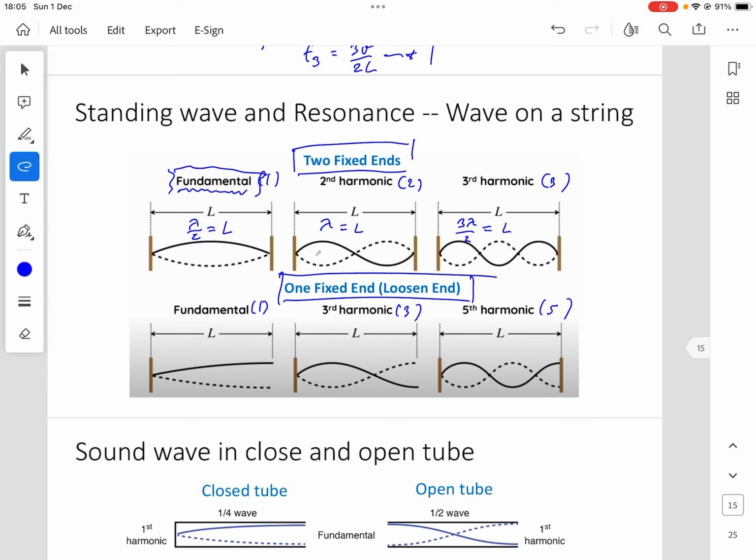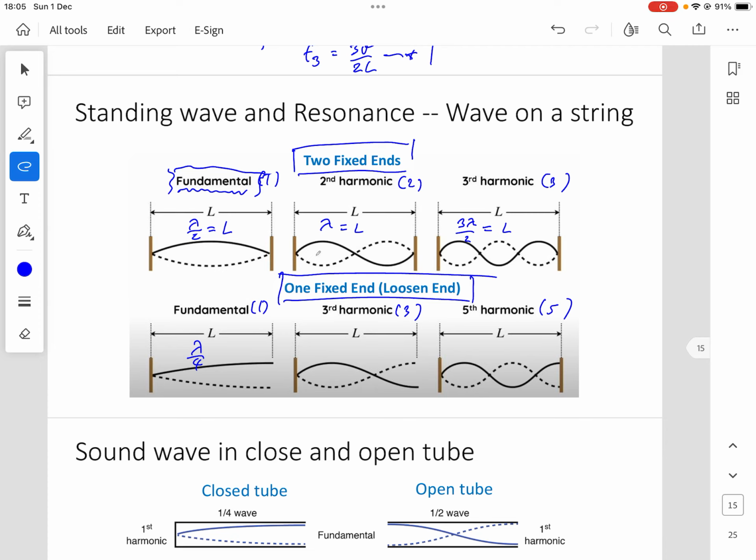For the fundamental case, the first harmonic, this is like half of the loop, right? This is one loop, and if you cut it in half, this half of the loop equals lambda divided by 4.